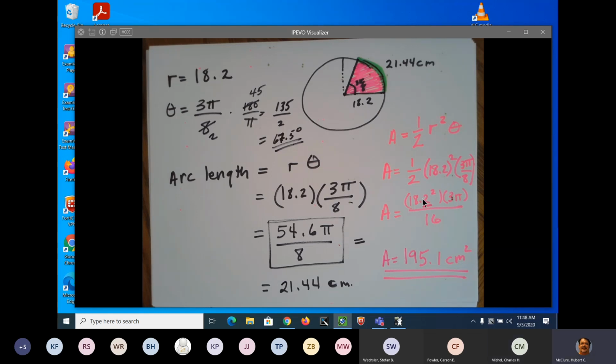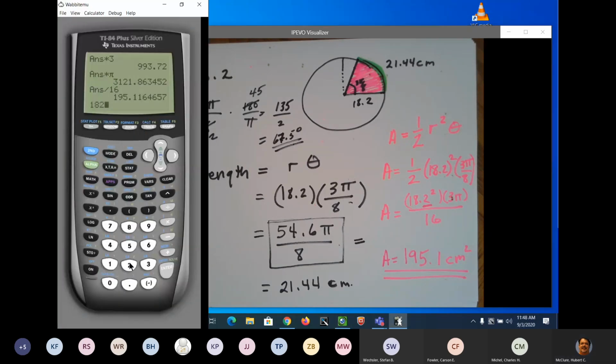Okay, so you could take, let me just do that for you. Let me take 18.2 squared, divide that by 2, or multiply by 1/2, and then multiply that by 3 pi.